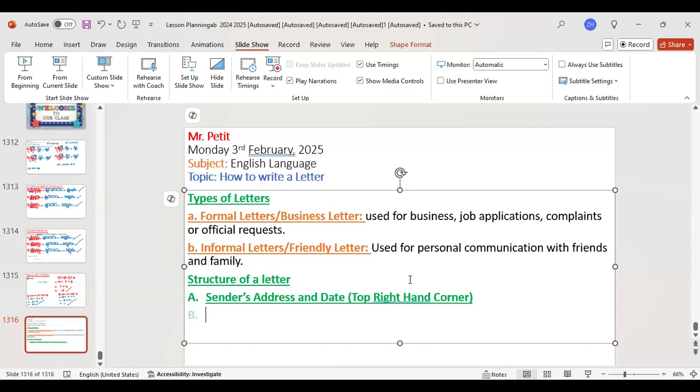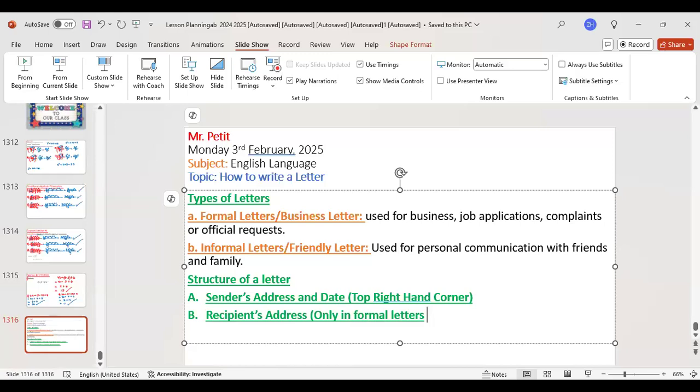If it's a business letter, you're also going to have what? Not only your address, but also what? The establishment. Very good. The recipient's address. And PO box, yes, that's part of the address. So only in formal letters.